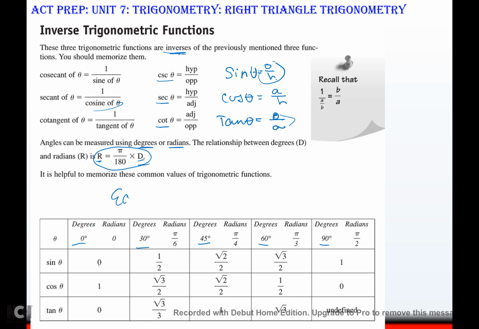I think it's easier to memorize these with the unit circle, but we're not going to get to the unit circle for a couple of days. Again, yes, you should have these memorized because they're going to come up a lot. But I think it's easier to memorize them with the unit circle than just to memorize this chart. When we get to that later, I'll bring this up again.